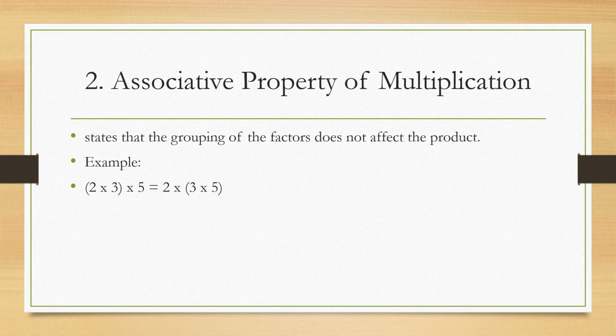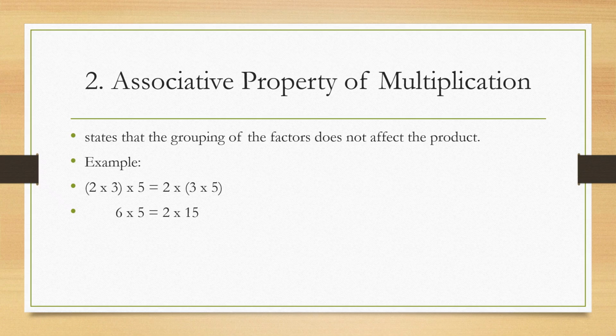Going back to the numbers on the left side of the equal sign, you first have to multiply the ones inside the parentheses. So for example, 2 times 3 will give you 6. You're still left with 5. So on the left side, 6 times 5.